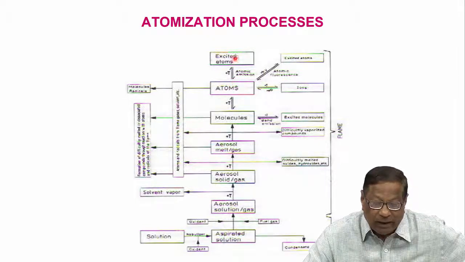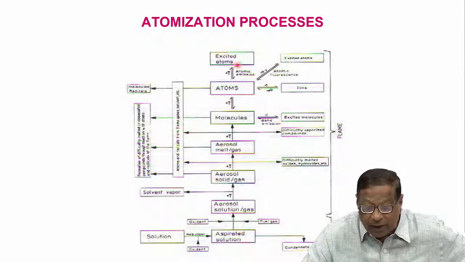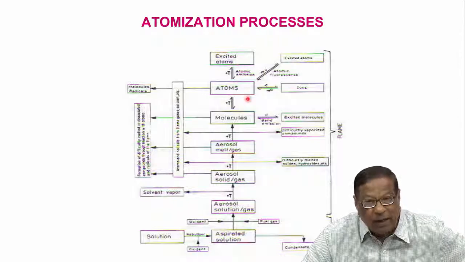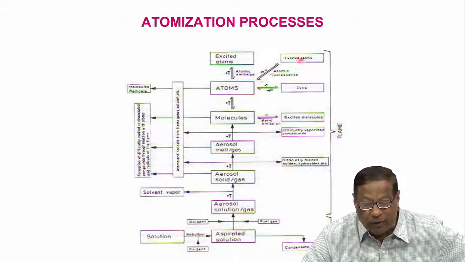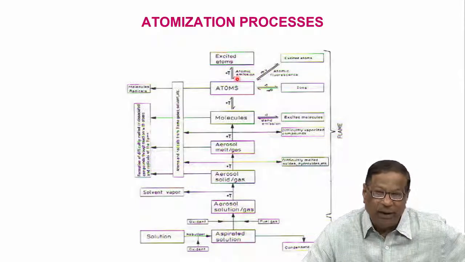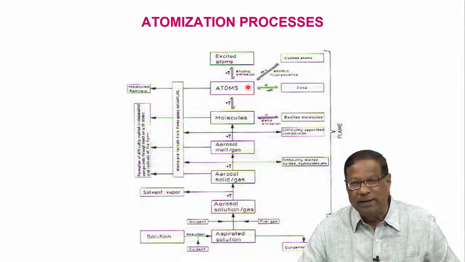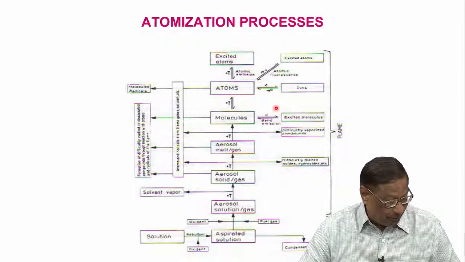There is also the possibility that an excited atom is formed by absorption of radiation. The excited atoms can come back to the ground state by fluorescence or by atomic absorption. In fluorescence, radiation is emitted at another, longer wavelength, whereas in atomic absorption there is no radiation coming out, but the intensity of the transmitted light reduces depending upon the concentration of the sample.